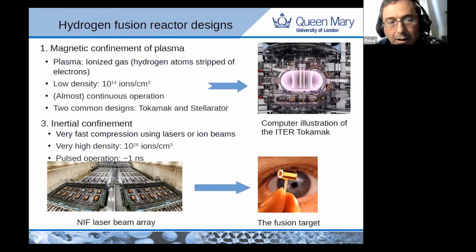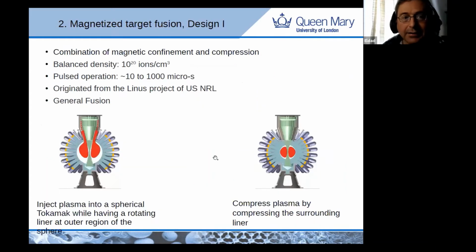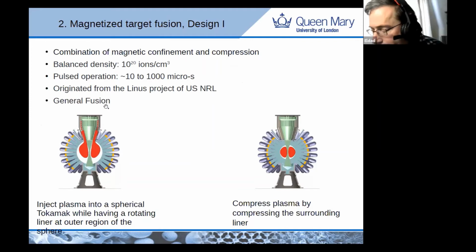There is a middle way, a third way, and that is magnetized target fusion. This is what I wanted to talk about today, and this is where nonlinear acoustics comes in. We've been working with a company, General Fusion. They're based in Canada, near Vancouver.